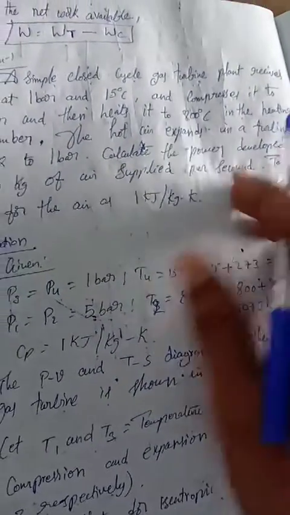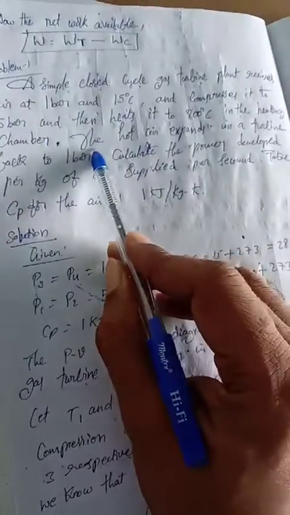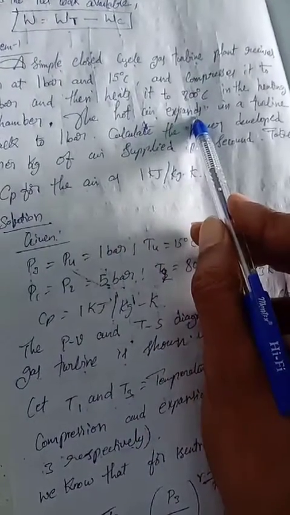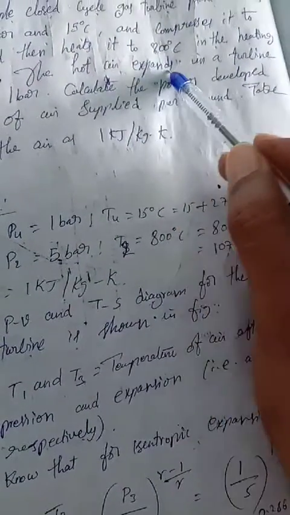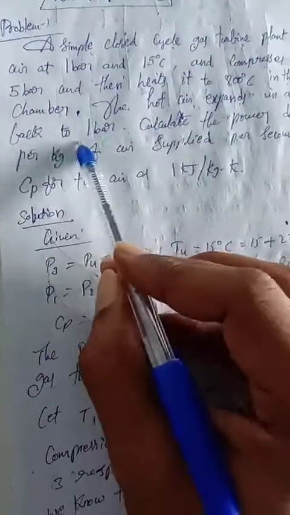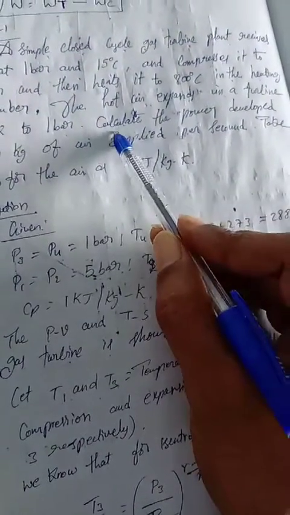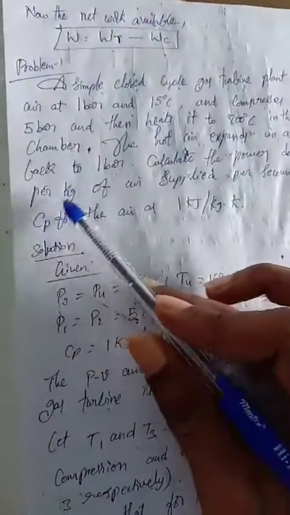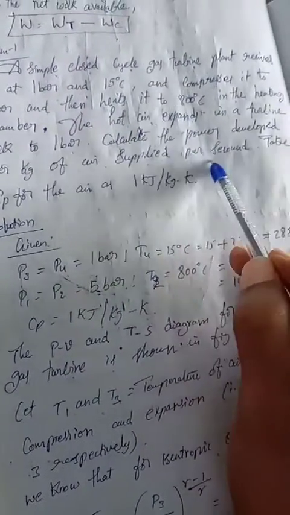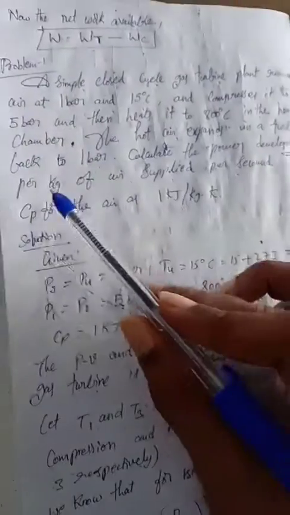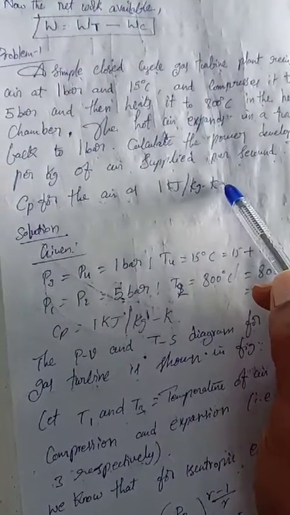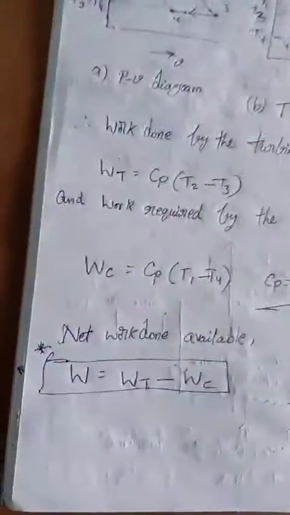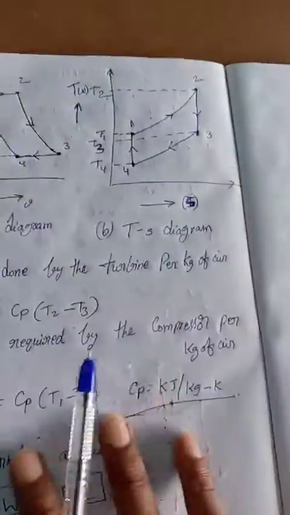In the heating chamber, the hot air expands in a turbine back to 1 bar. Calculate the power developed per kg of air supplied per second. Take Cp for the air as 1 kilojoule per kg Kelvin. Okay, so now we are going to write the given data first.